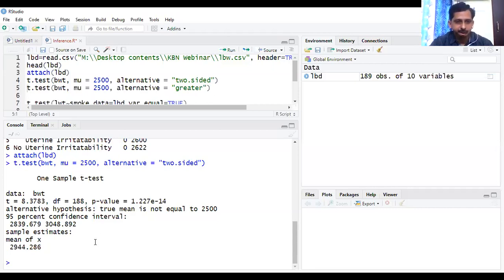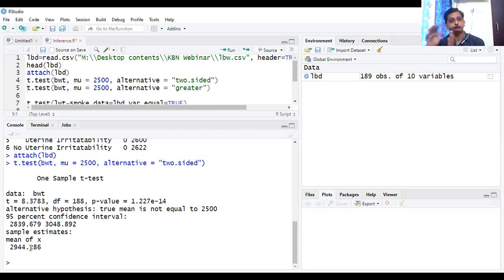Whereas we are rejecting the null hypothesis, the average baby's weight which is observed is not equal to 2.5, it is above 2.5, and the difference is called the mean effect, the effect size. Difference of what? 2944 minus 2500 is the effect size, which is observed from the natural variability of the samples which we have in the low birth weight data, indicating that the average birth weight of the babies is higher than the standard.